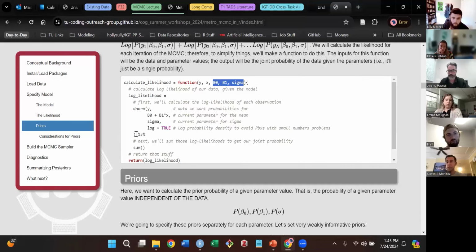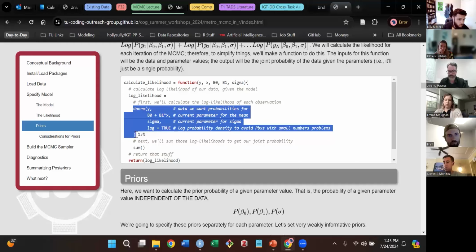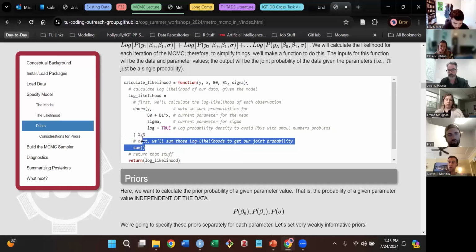What that ends up resulting in is the probabilities of those data given the parameter values, and that's going to be a vector because we passed a vector of data and a vector of the values for the years using fentanyl. And again, we want the joint probability of all of those things. And so we're actually going to sum all of that to get a single number. And the summation is because we're working on the log scale.